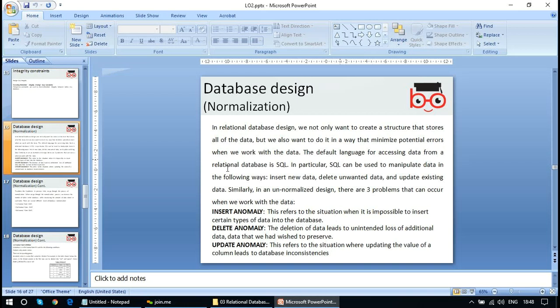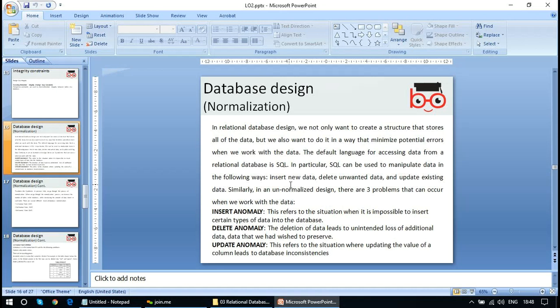The default language for accessing data from the relational database is SQL. So when you create a database, you want to minimize the errors, and you want to access it through SQL, and SQL is used to manipulate the data in the following ways.